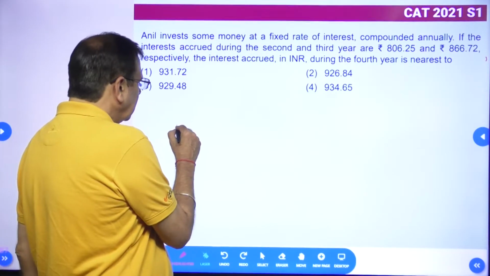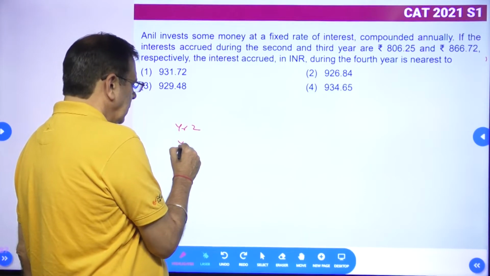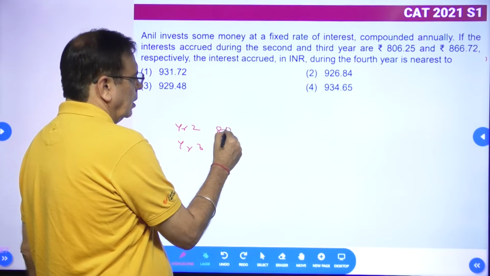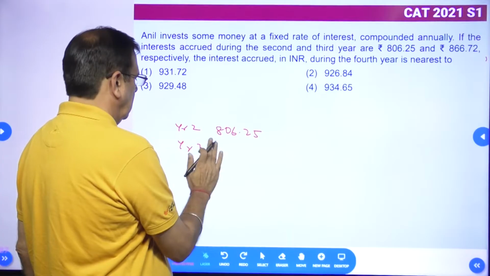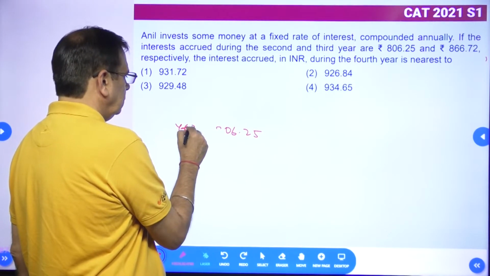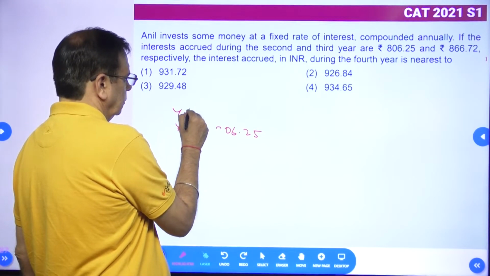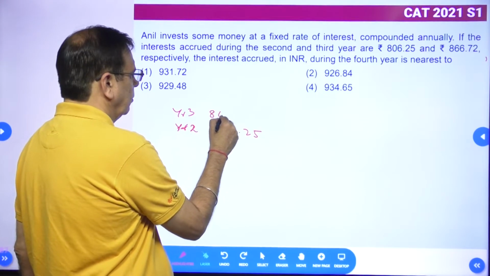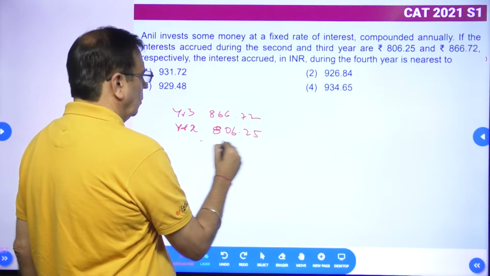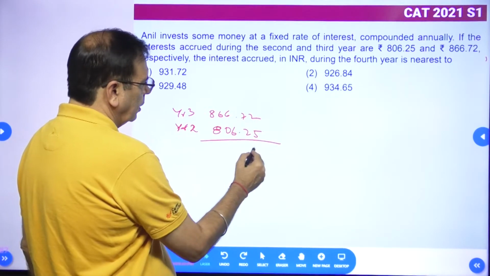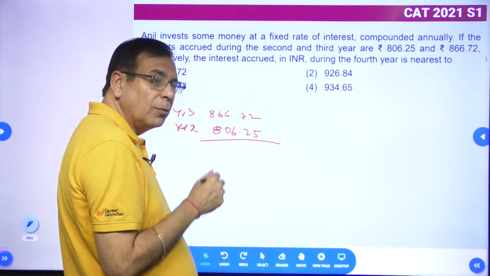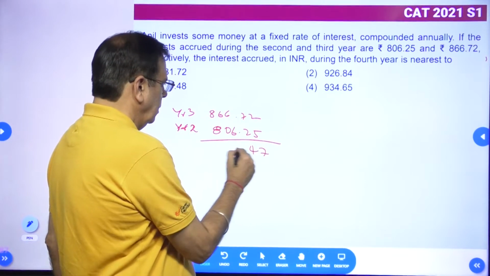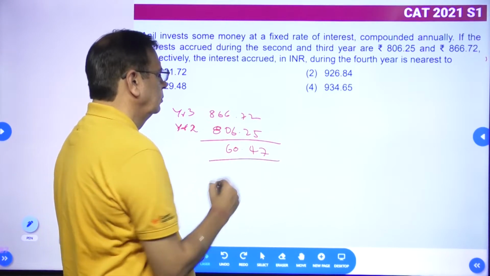Okay, now year 2, year 3, okay. That is 866.72. What is the interest accrued? 72 minus 25 will be 52.47, 60.47.